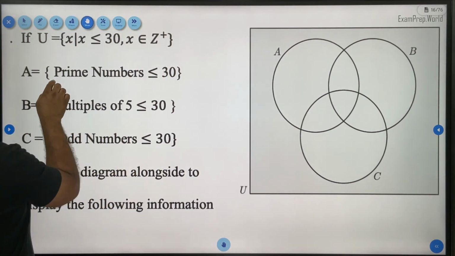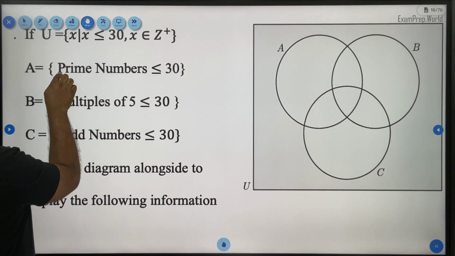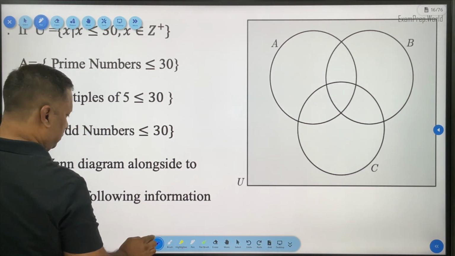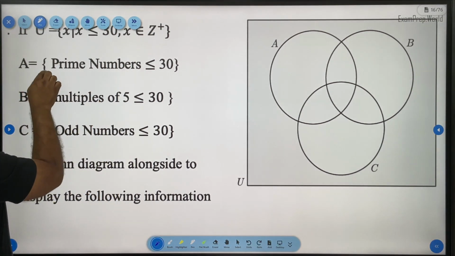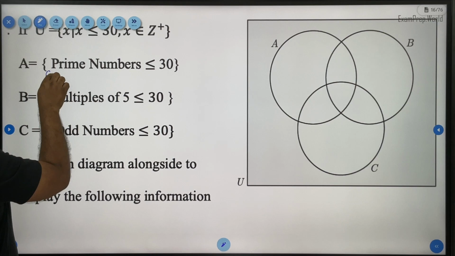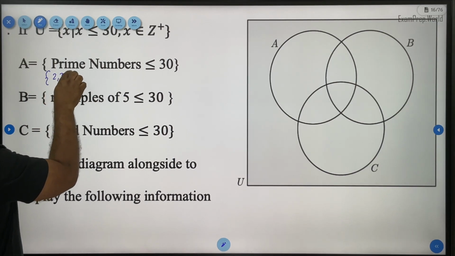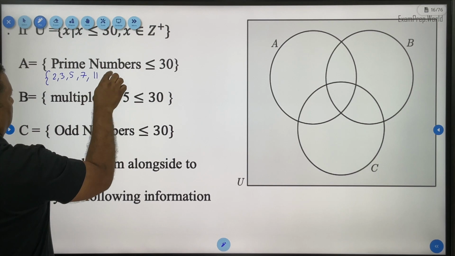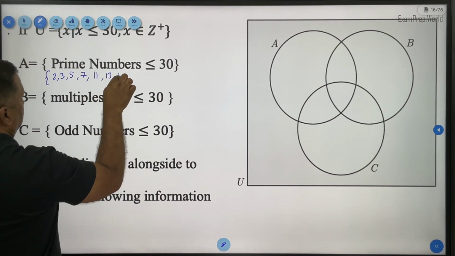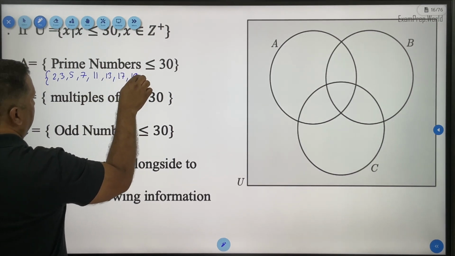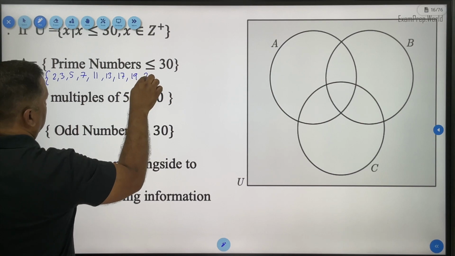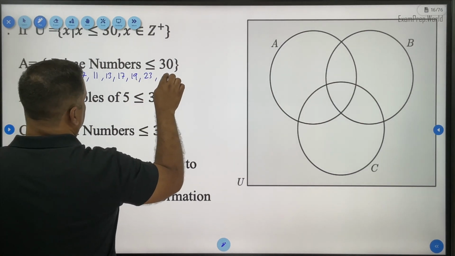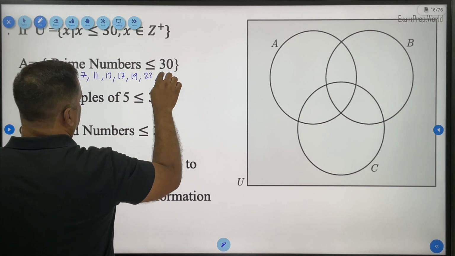So, the list of all prime numbers. Let us start writing: 2, 3, 5, 7, 11, 13, 17, 19, 23, 29.